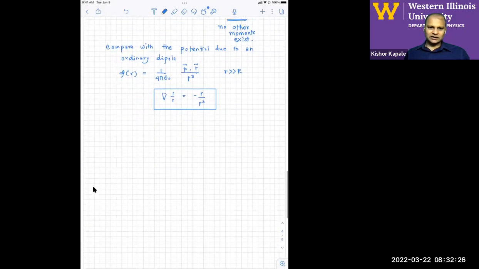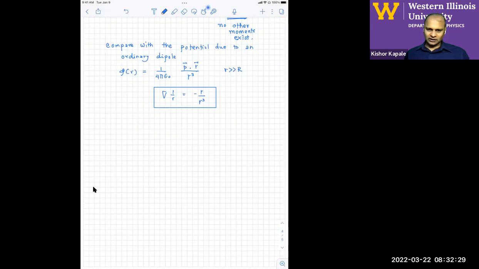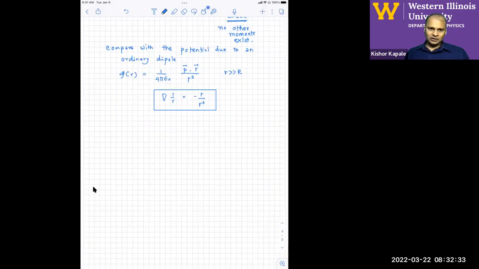Okay, so let's now dig deeper into this. We want to look at the point dipole and write it down as a charge density.